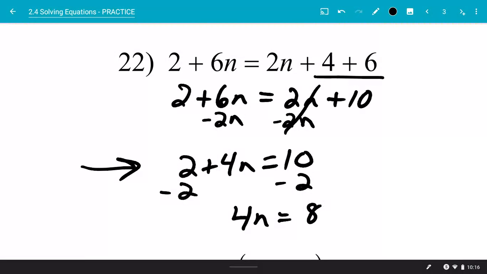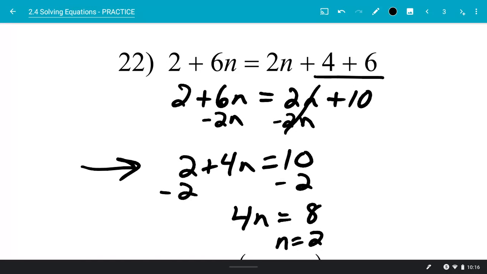Divide by 4, n equals 4. Say again. Thank you. 2. My bad. N equals 2. I like it that you caught that. Questions? Seems easy.